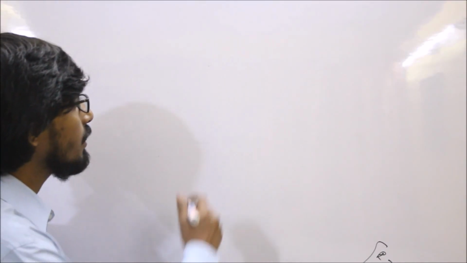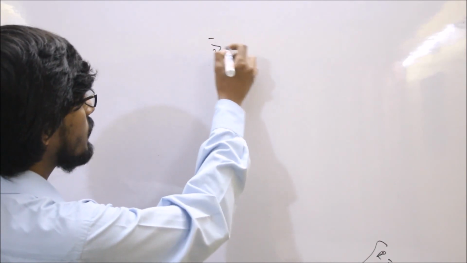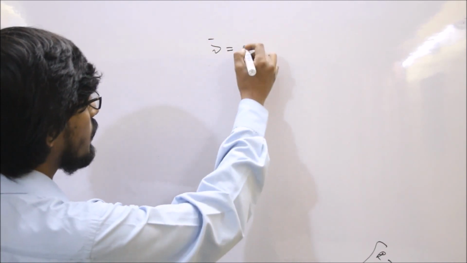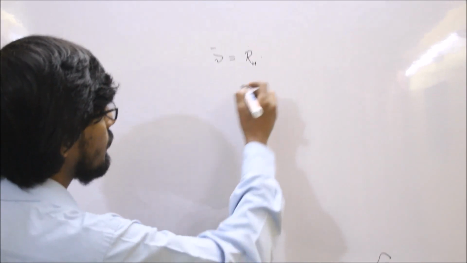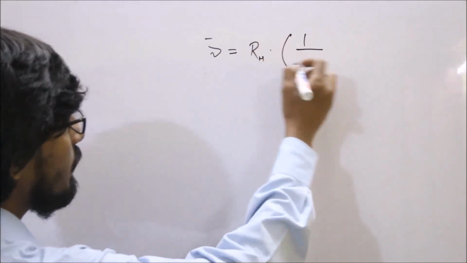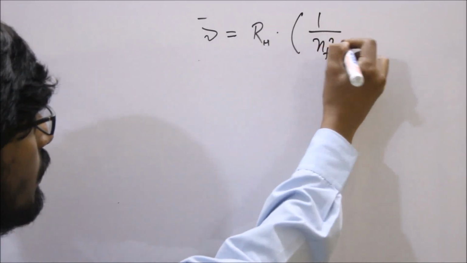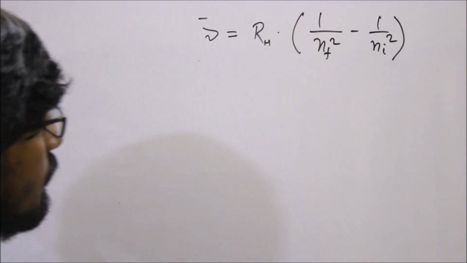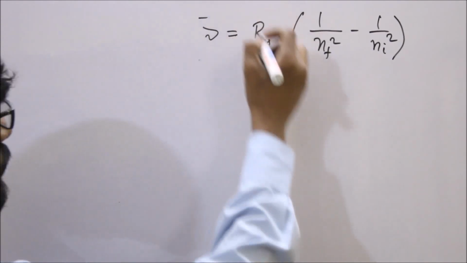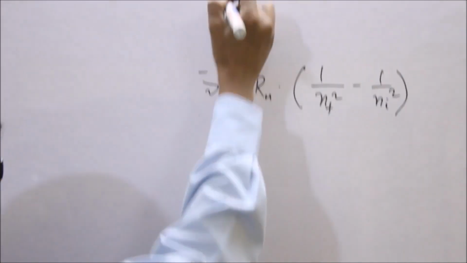Now we have a formula to solve this problem. Nu dash equals RH, that is the Rydberg constant, into 1 by Nf square minus 1 by Ni square. Now what are Nf and Ni?